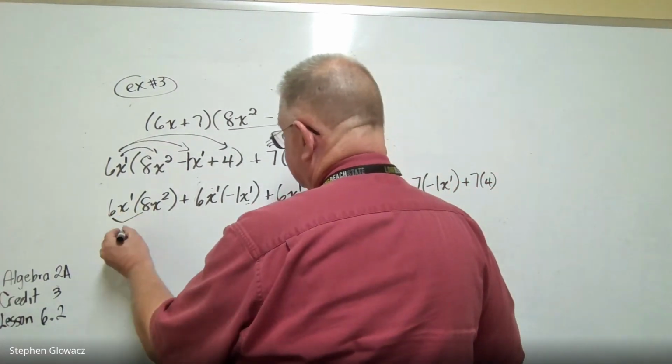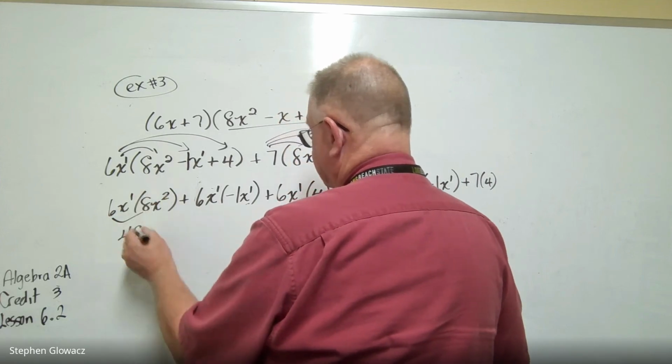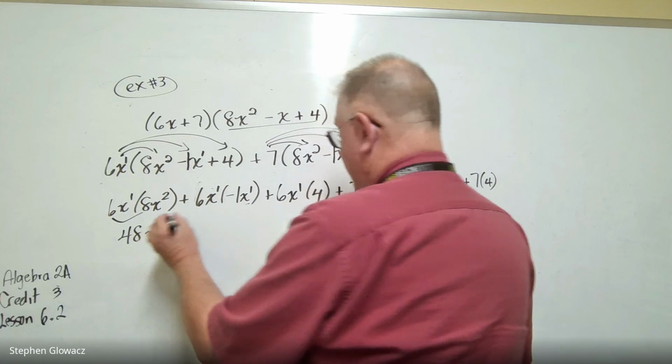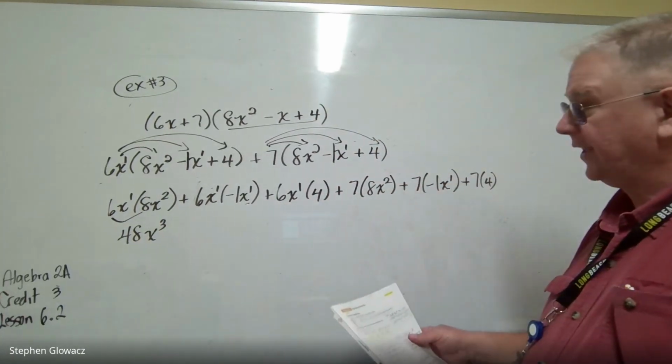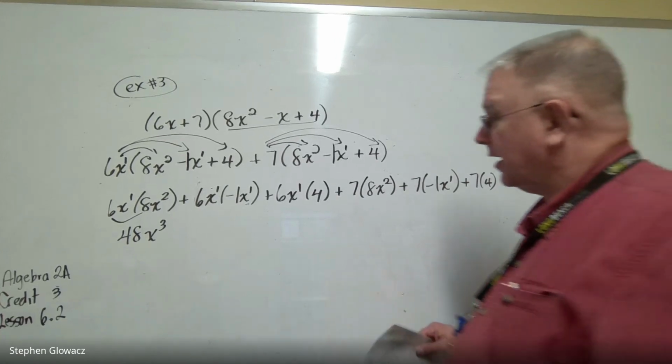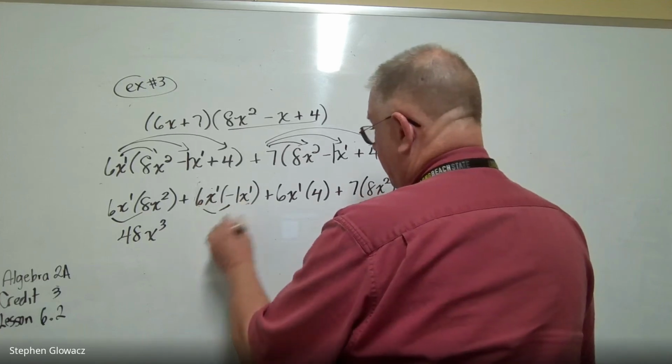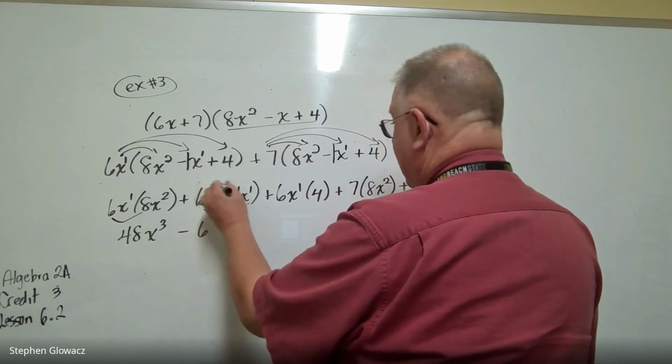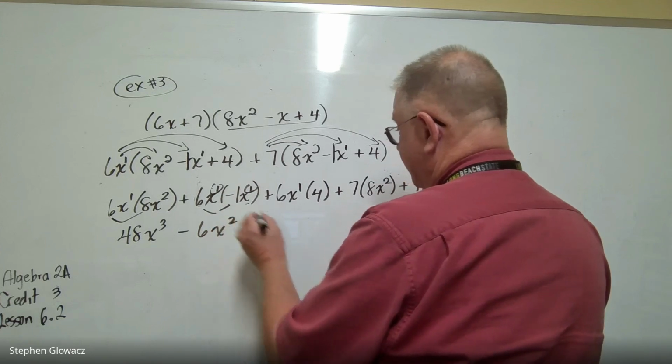6 times 8 is 48, and then 1 plus 2 is 3, so we have 48x to the third power. Next, we have 6 times negative 1, which is negative 6, and then adding the exponents, 1 plus 1 is 2.